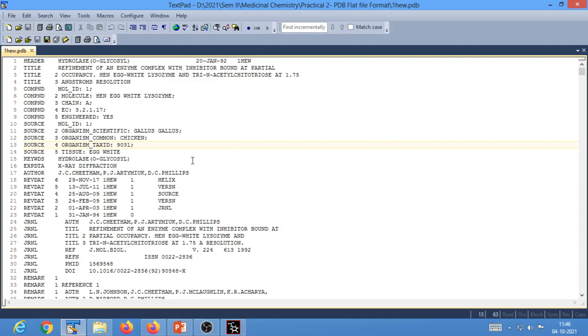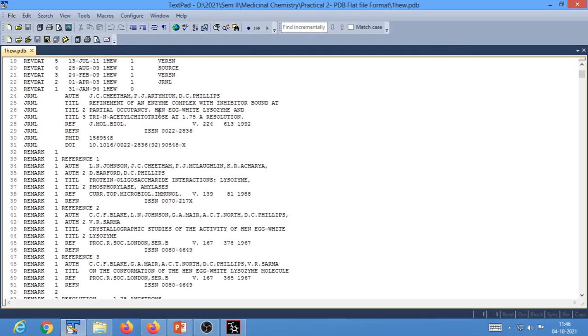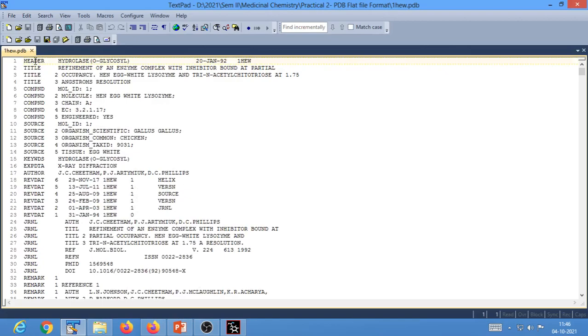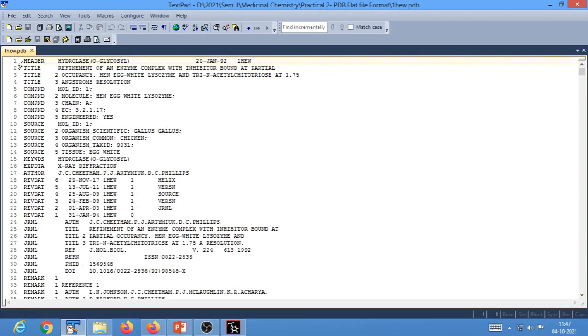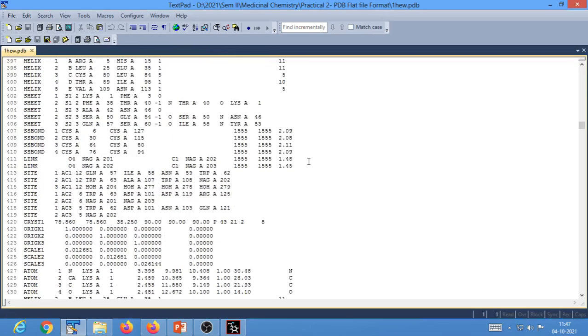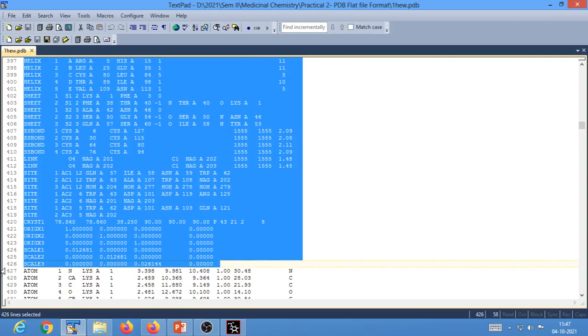Say, for example, your annotation section begins with the first line, and it has a lot of lines which begin with different keywords. We would come to these different keywords in a while. So your annotation section starts from line number 1 to line number 426.